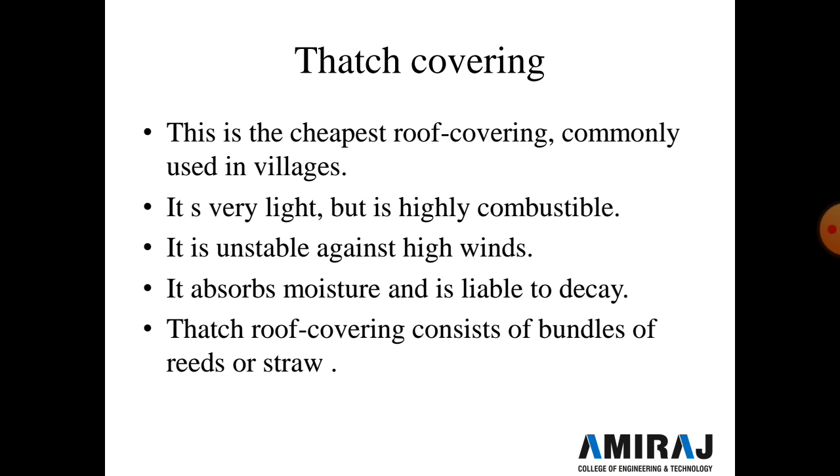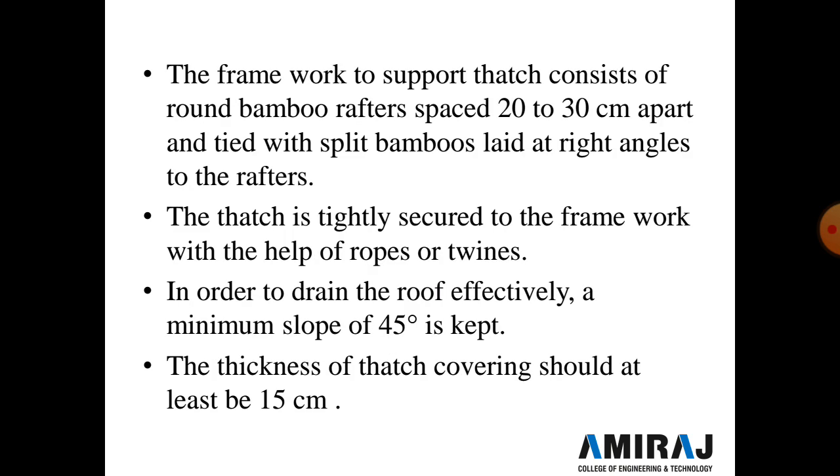This is the cheapest roof covering, commonly used in villages, and it is very light, but it is highly combustible, unsuitable against high wind, absorbs moisture, and is liable to decay. Thatch roof covering consists of bundles of reeds or straw.